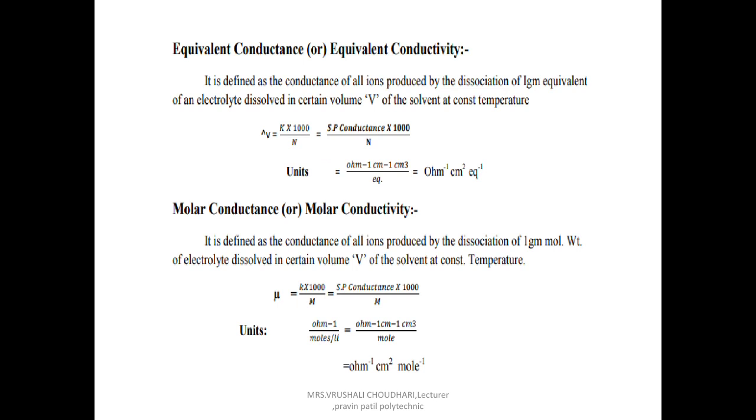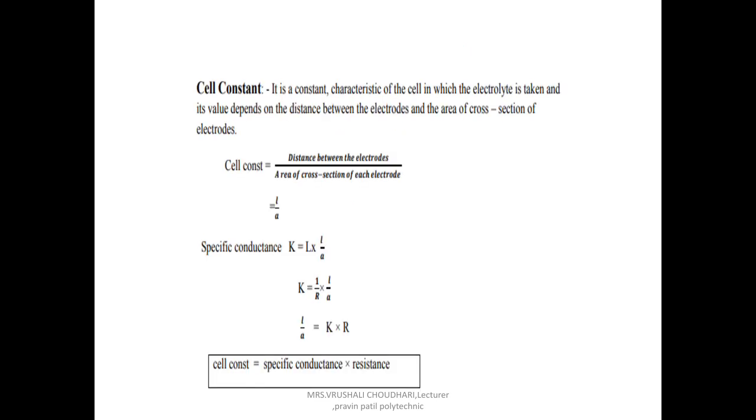Molar conductance, molar conductivity, is defined as the conductance of all ions produced by the dissociation of 1 gram mole weight of electrolyte dissolved in a certain volume of the solvent at constant temperature. It is called molar conductance.